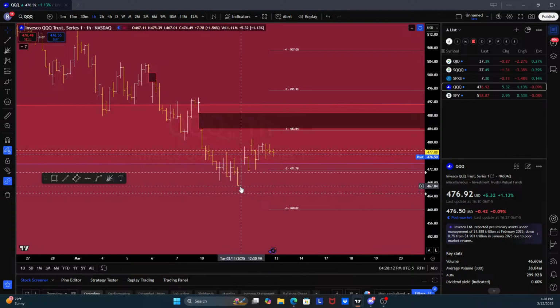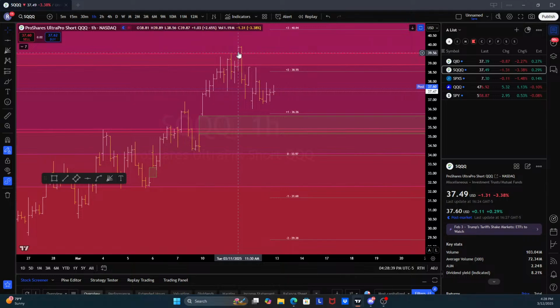You see, this is a nice move from 467, and we saw the move back up to 473. That's a big move, nice profits from timing the actual bottom at 467 up to our price target at 473. And that just comes from me watching the small moves right here on SQQ.